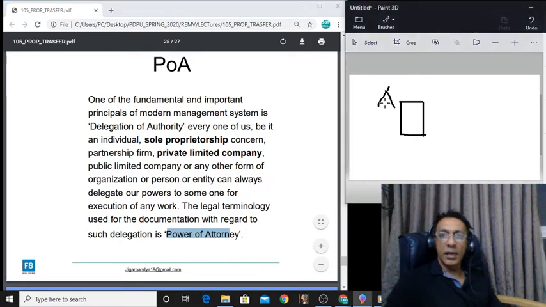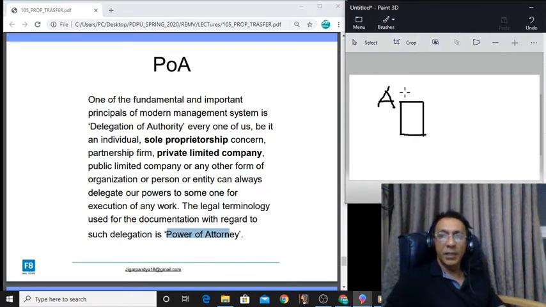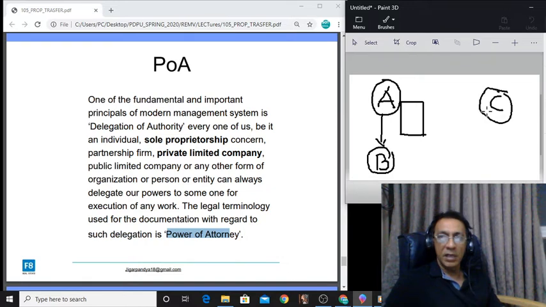So let's say A owns this property, he has the legal equitable title, but he is out of the country, or he is physically not present where the property is, and he gives the power of attorney to B. Okay. So when a buyer comes along, let's say C is interested in this property. C wants to buy this property.